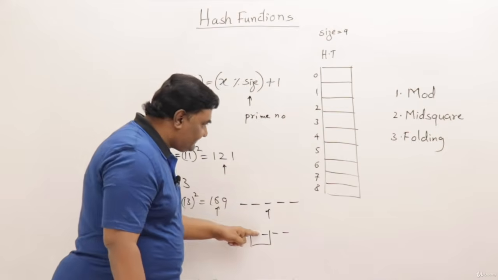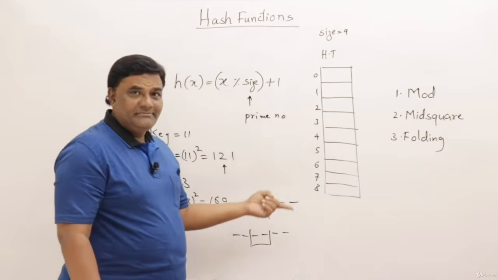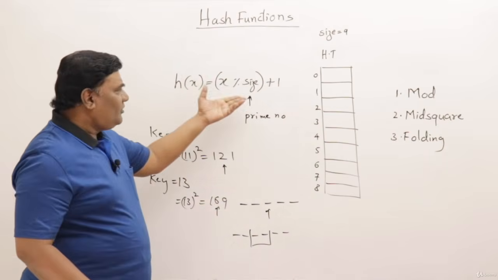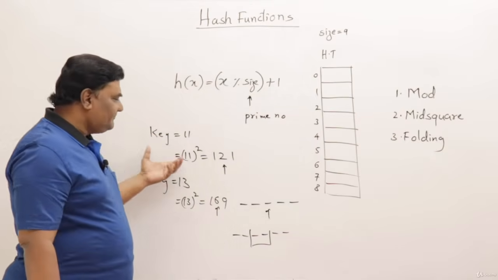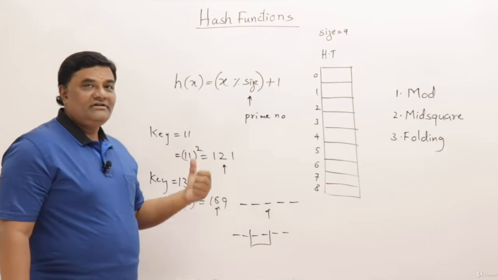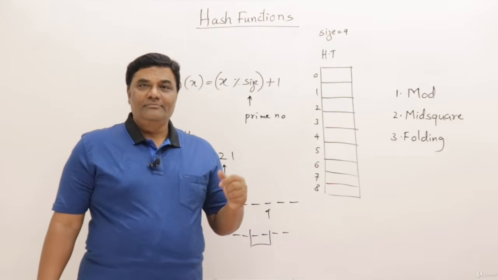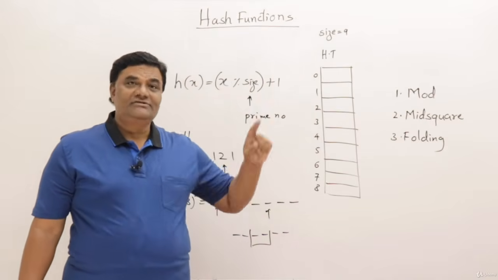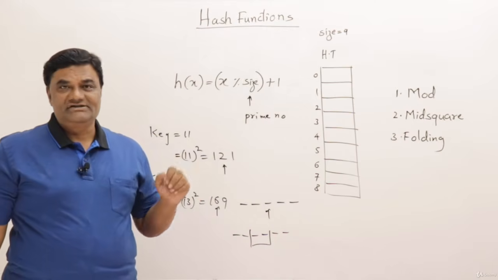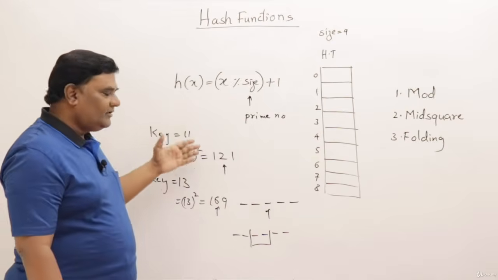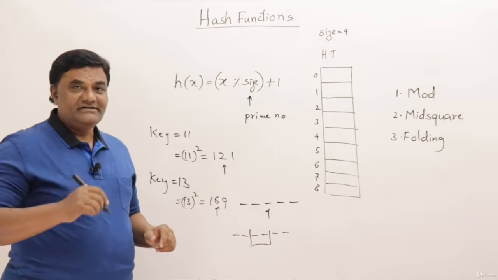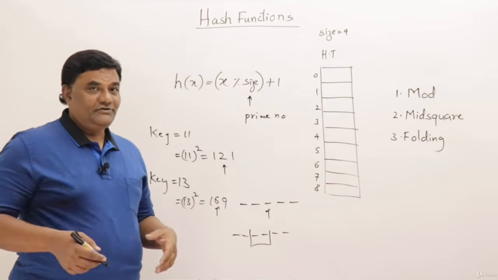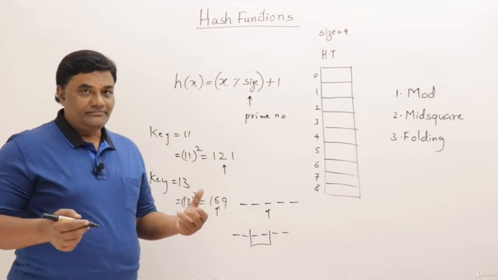Suppose these middle 2 digits are not there in the hash table, then you can perform mod on that one. So mod is always there. Even after taking the middle of the square of a key, you can still perform mod so that you can get a position within the size of the hash table. So this is the idea of mid-square: taking the square of a key, then taking middle digits. You can take 1 digit or you can take more digits, that's up to you.